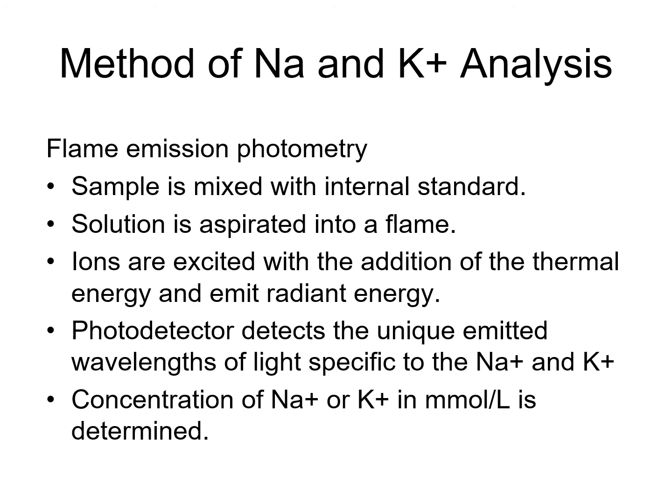For every ion, there is a color that is emitted as a result of heating. For example, sodium is yellow, potassium is purple, and so on. There is a photodetector that can detect the color emissions of these electrolytes.